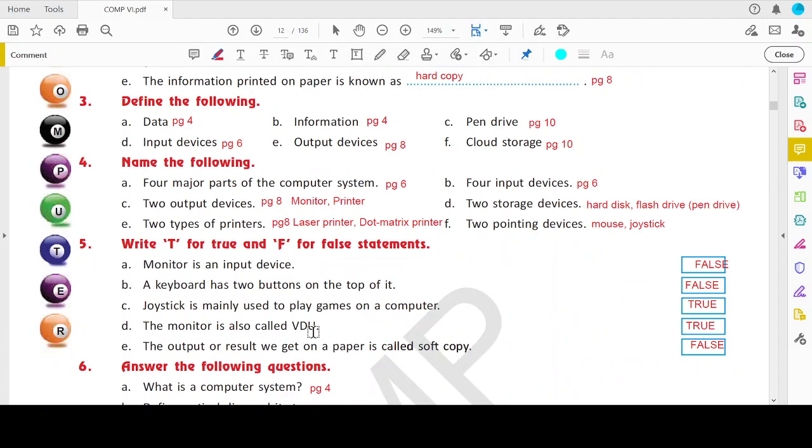Next, define the following. There are certain terms like data, information, pen drive, input devices, output devices, cloud storage. So you have to define them. What is data? Unorganized facts. Collection of unorganized facts is called data.